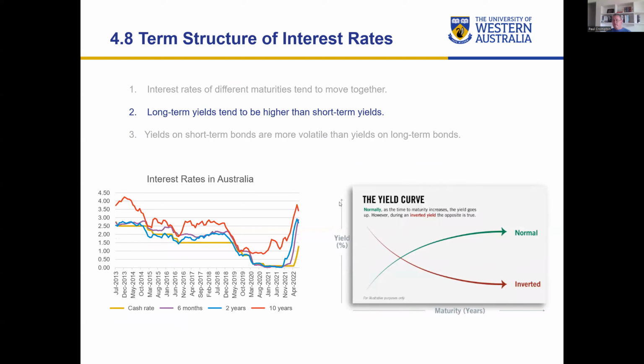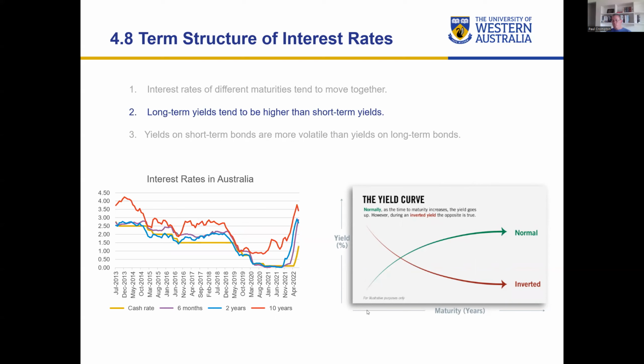And here we've got the yield. What it says up here is normally, as the time to maturity increases, that is, as we move from left to right along the horizontal axis, the yield goes up. Okay, it says normally, not always. So normally we would expect a yield curve like this. So don't think of this line as an arrow, think of it as a curve.